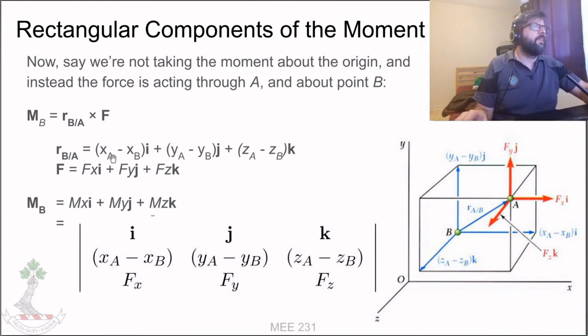Well, then we just need to figure out the vector from the point we're taking the moment about to the point where the force is applied. We take that displacement vector and break it up into its individual i, j, and k components. Then, as usual, you take the cross product of these two vectors and combine them.